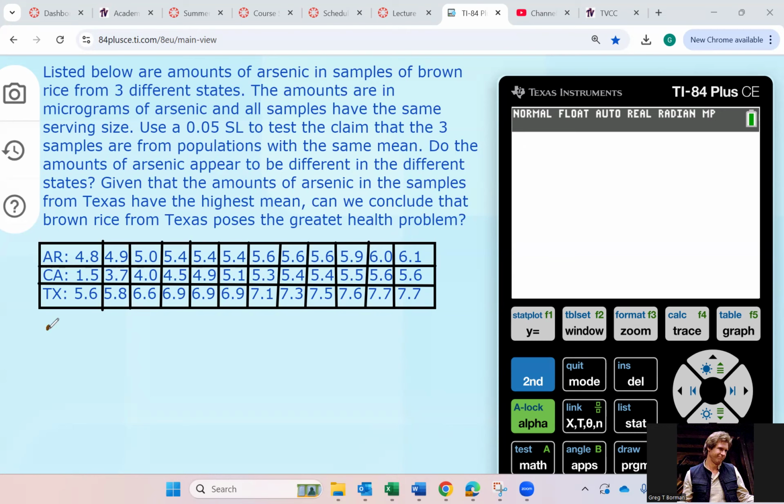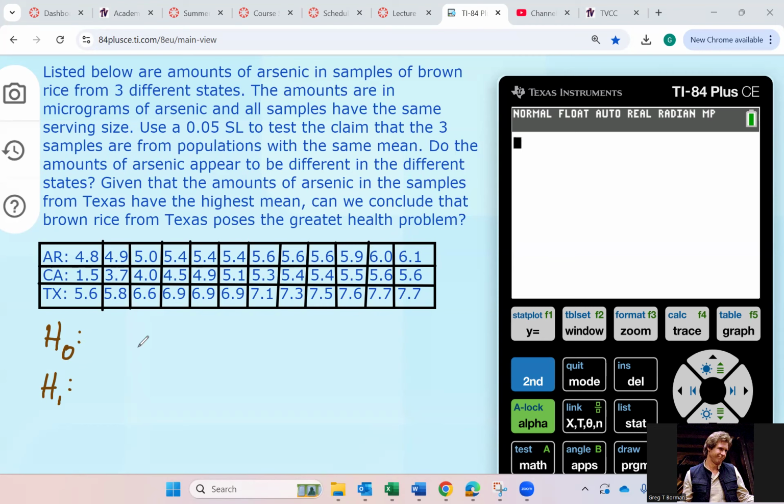Okay, so we're going into hypothesis test mode. With a hypothesis test, you're always testing, are the means the same? Back in the previous section, we saw we can compare two means. Are they the same? Are they not?